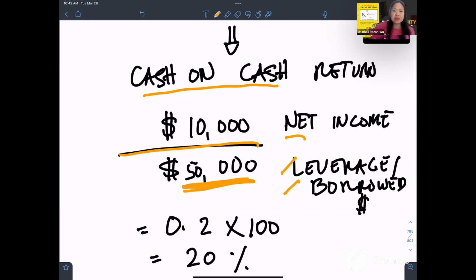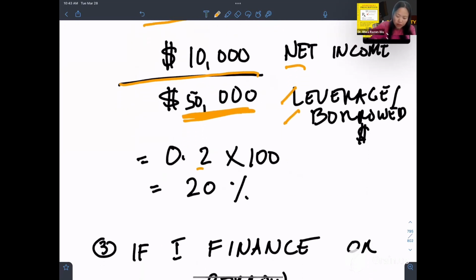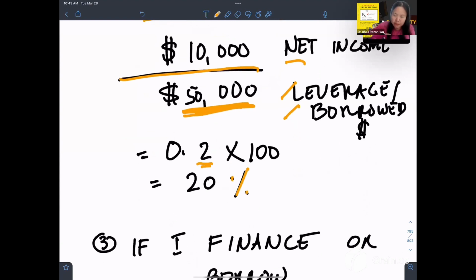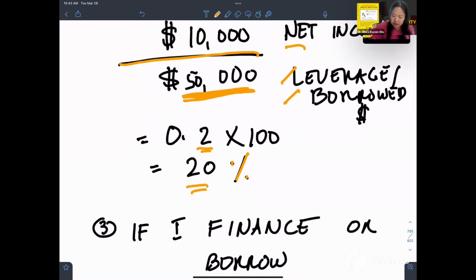We borrowed 50,000, right? It's not all cash. So 10,000 divided by 50,000, we will get 0.2. We multiply it by 100 because we want a percentage. So 0.2 times 100 gives us 20%. So this 20% is the cash on cash return of investment.